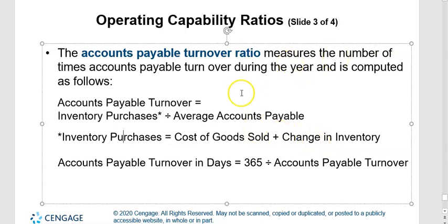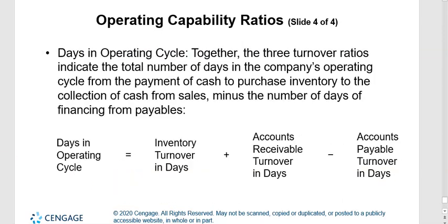Once you get your turnover, you divide that into 365, and that tells you on average how many days it takes for you to pay your accounts payable. Then your operating cycle is those numbers of days: the inventory turnover in days plus the accounts receivable turnover in days, minus the accounts payable turnover in days, and that tells you roughly how long your operating cycle is.